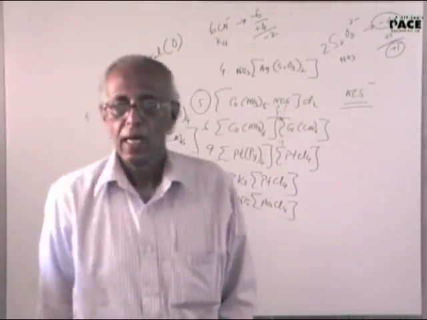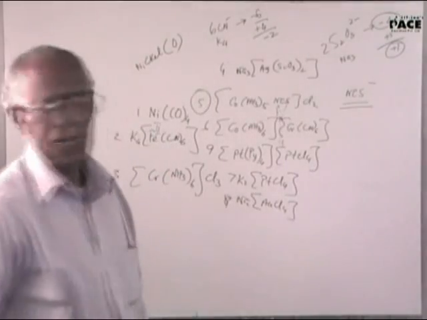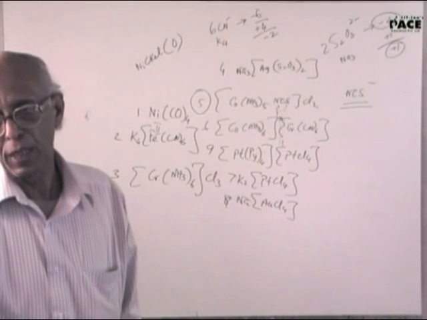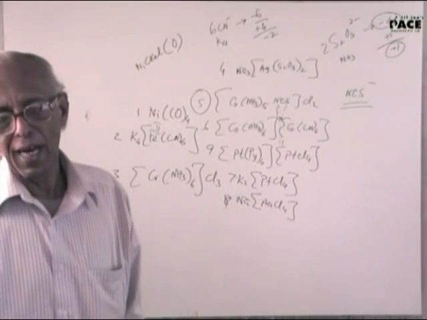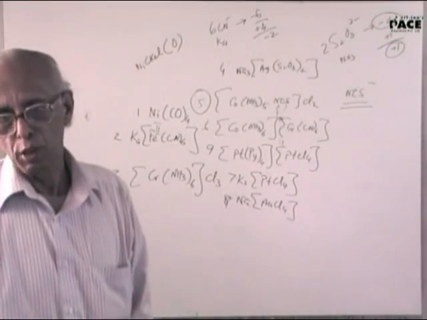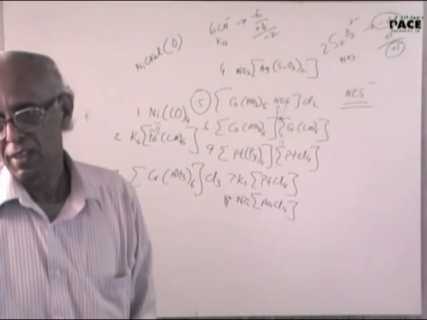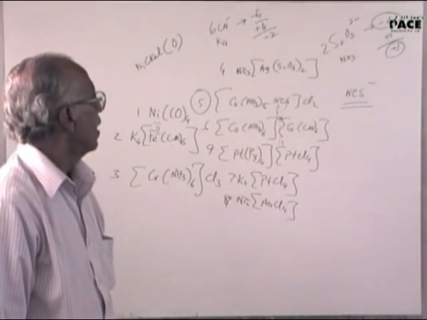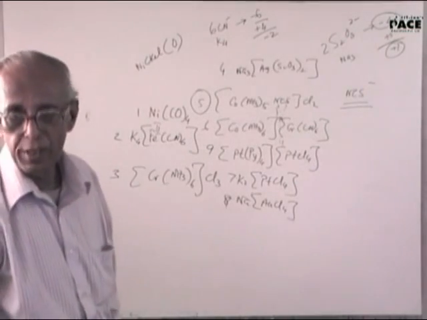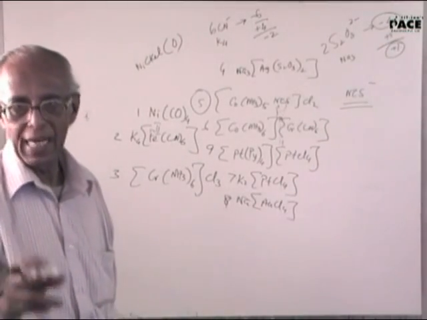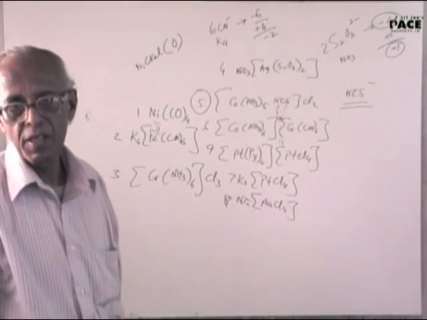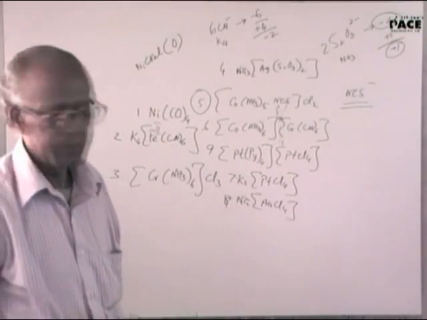And 2 chloride gives 2 negative charge. So total 3 negative charge. So 3 negative charge will have to be neutralized by 3 positive charge. Ammonia is neutral, so the positive charge will come from the metal. So pentaammine isothiocyanato cobalt 3 chloride, or pentaammine thiocyanato hyphen N cobalt 3 chloride.